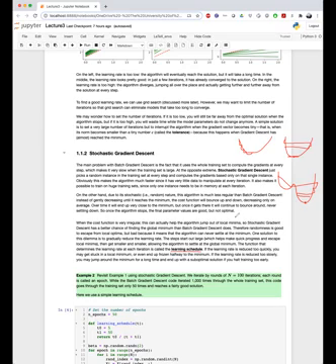So the general idea here is initially we can set a relatively larger learning rate. The relatively larger learning rate can make the learning faster.